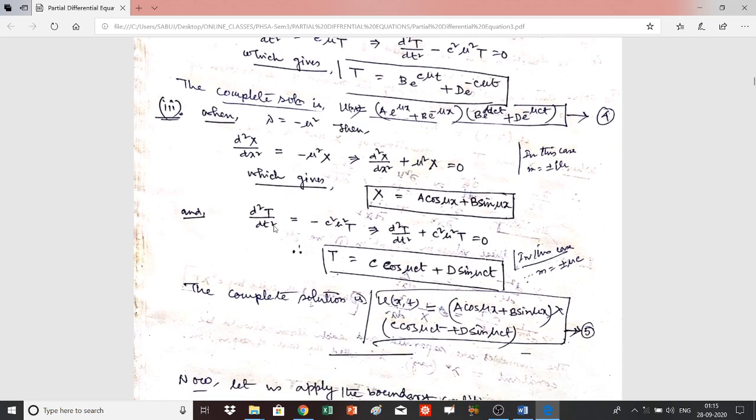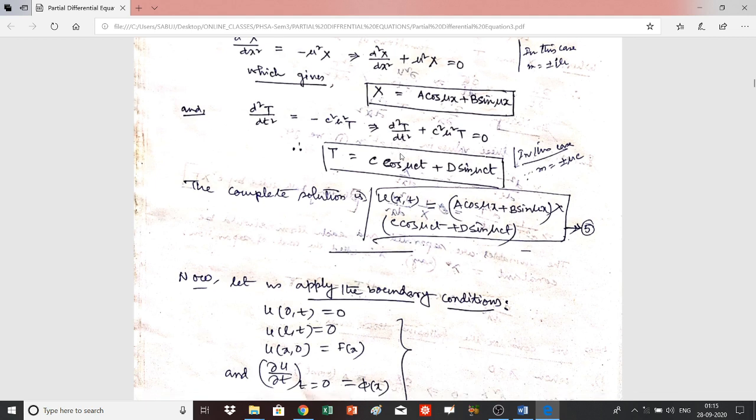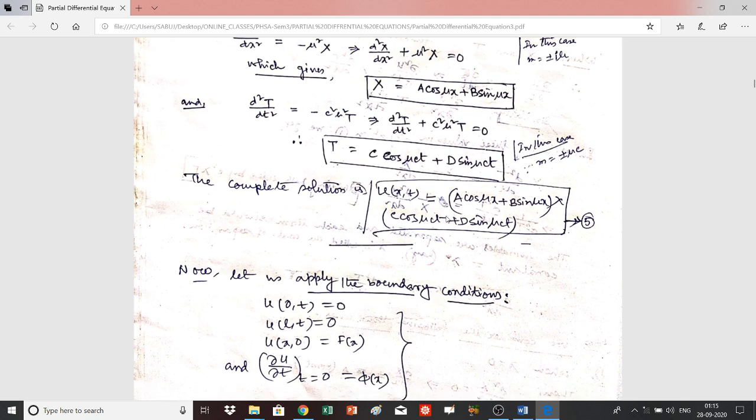Another one is d²T/dt² = -c² mu² T, and that will give you the solution c cos mu ct + d sin mu ct. So the complete solution will be u = (a cos mu x + b sin mu x)(c cos mu ct + d sin mu ct). This is equation number 5, and you know the technique to solve all this, so I am not discussing it in detail; just the solutions are taken here.